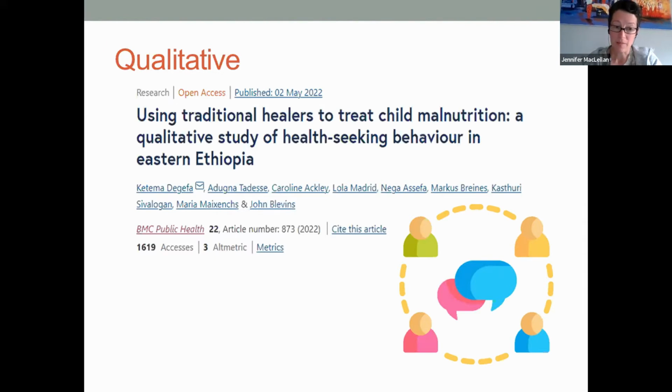Equally, it was described as being quite stigmatizing to have a child with malnutrition. And so families would go locally to the traditional healer to see if they could fix it. They would use other narratives such as parasites, of course, for the swollen tummy. And there were some other traditional beliefs about certain birds that fly over the pregnant woman that has caused her child to be swollen in this way.